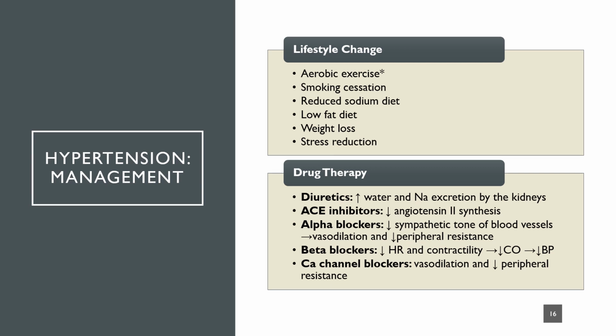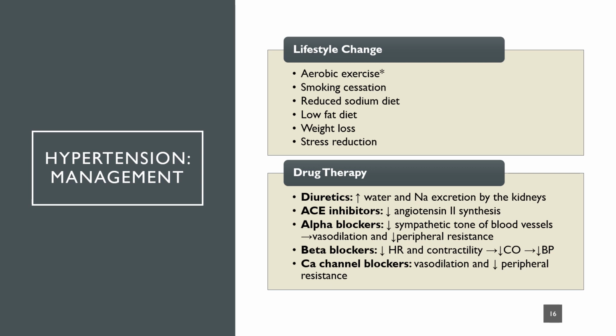There's also drug therapy, which includes diuretics, which increase water and sodium excretion in the kidneys. ACE inhibitors, which reduce angiotensin II synthesis, the hormone responsible for maintaining blood pressure, activated when there is low flow to the kidneys.